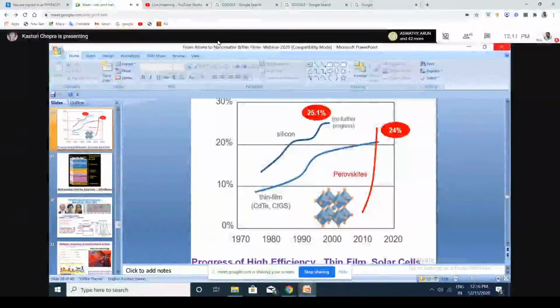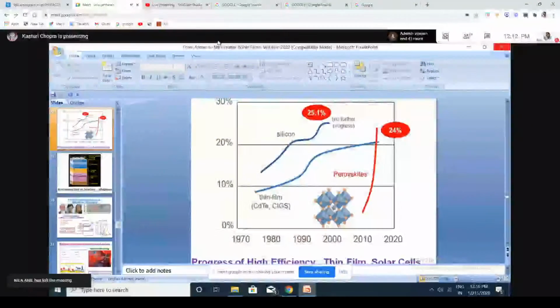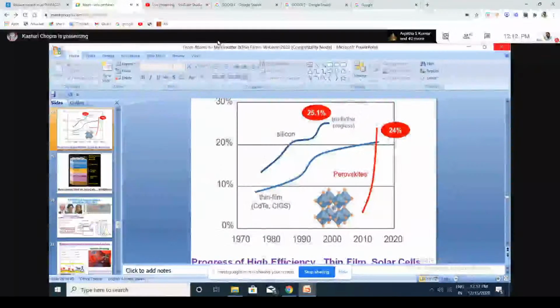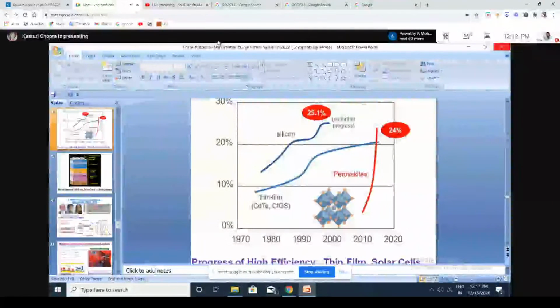The thin films, of course, are, as I said, CIGS, copper indium selenide, and the cadmium telluride, and the other one which has come in and is making all sorts of news today, still not in production anywhere on a large scale, perovskite. Okay, that's a larger area today. Perovskites have gone to 21, 22%. I'm sorry, thin film solar cells, CIGS 22%, and silicon, of course, has crossed 25% already.